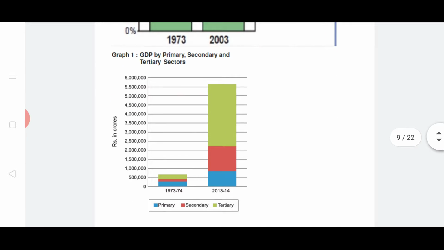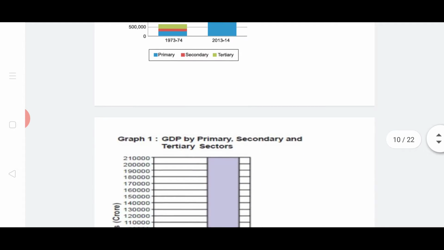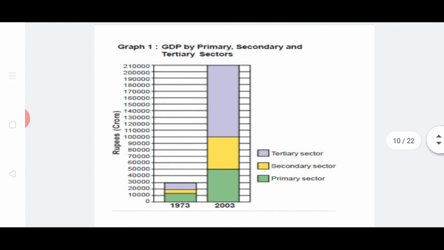Now we can see with the help of another graph. Bluish shows the primary sector, reddish shows the secondary sector, and green shows the tertiary sector. Here we see the 73-74 data and the 2013-14 data.